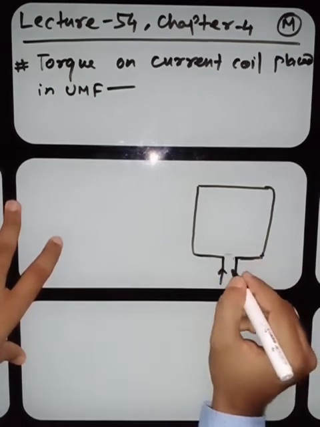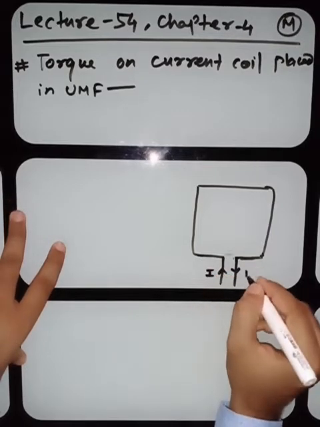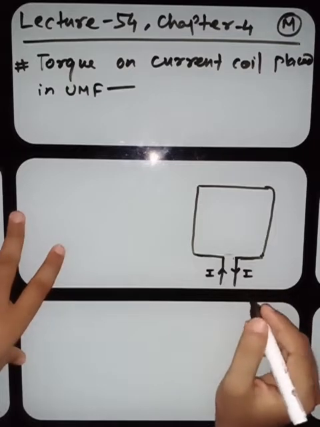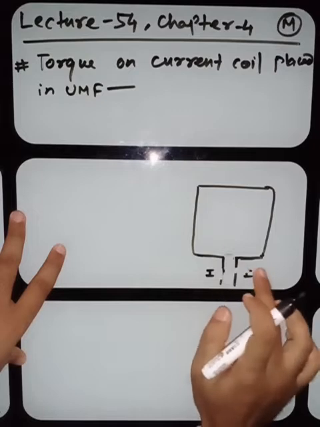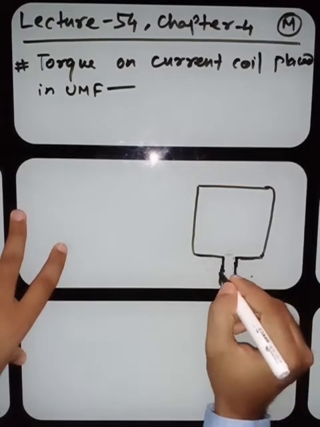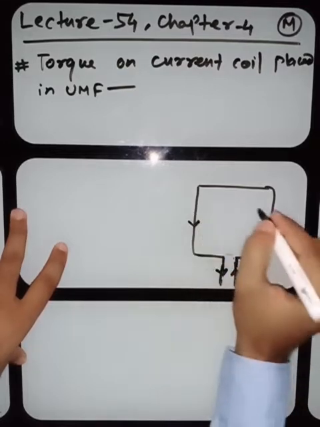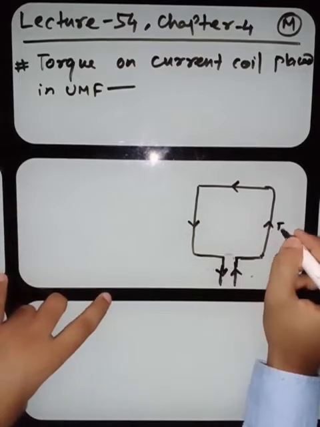Let me supply it with a battery. The current is going up and finally the current is coming down. Let me change the direction of current so that the force will be easy to see. Here the current is coming in this way.